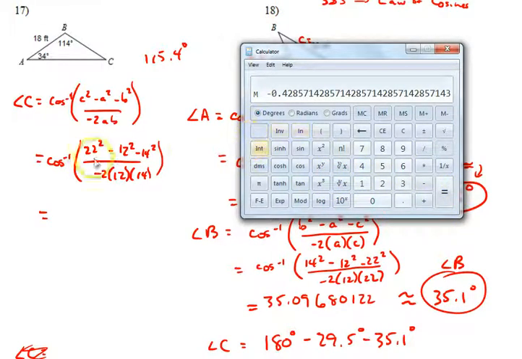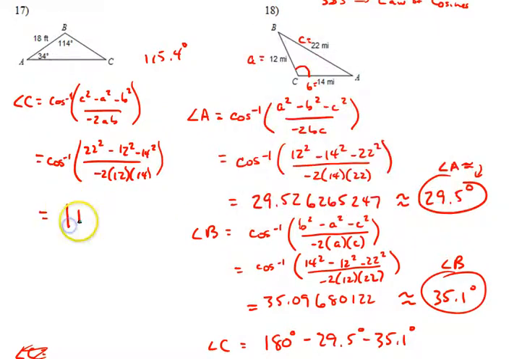Take the arc cosine of that. There it is. Hey, 115.37. That looks mighty familiar with the one that I had before. 115.4, approximately. Done.